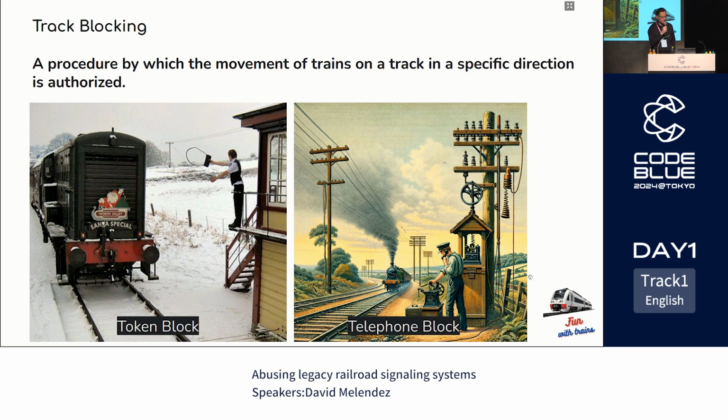It's very antique, very legacy, and this method is discarded in modern railways for obvious reasons. Another legacy blocking system is the telephone block system, where the station staff calls the next station by telephone and warns the next station that a train is arriving.